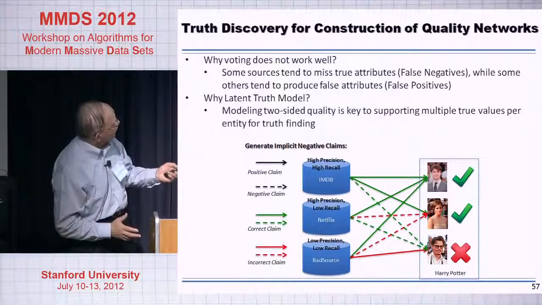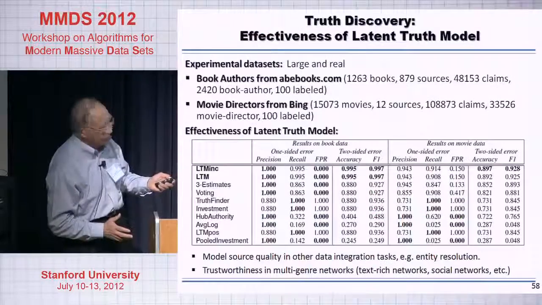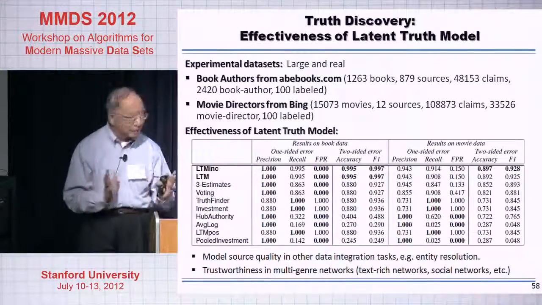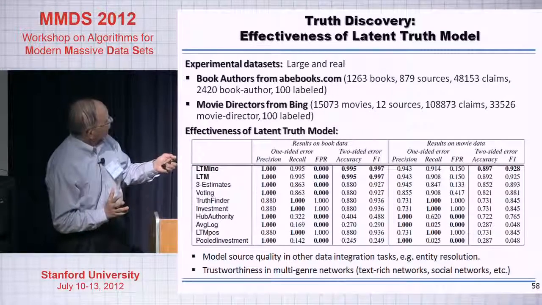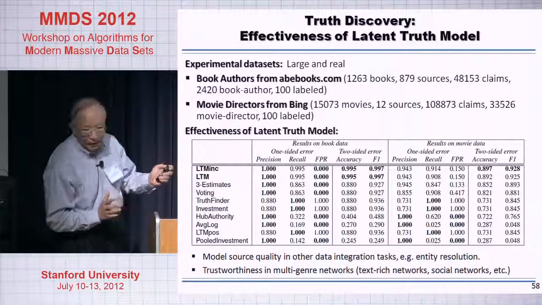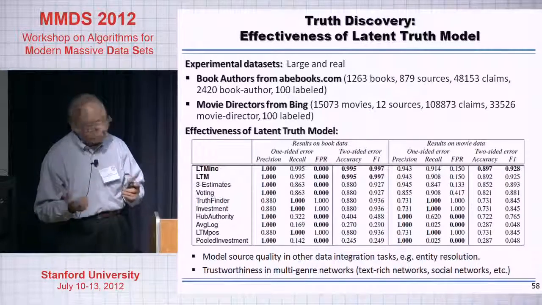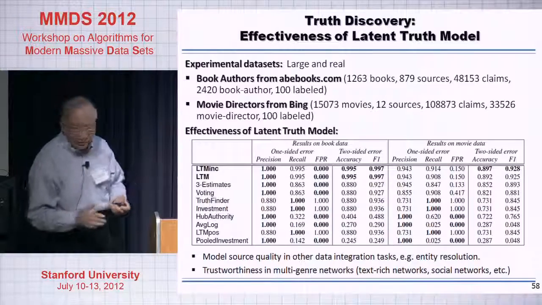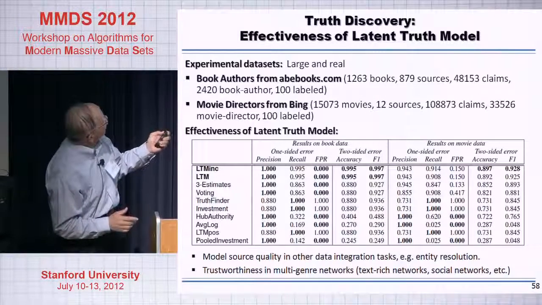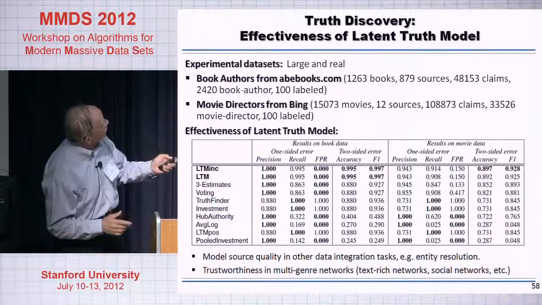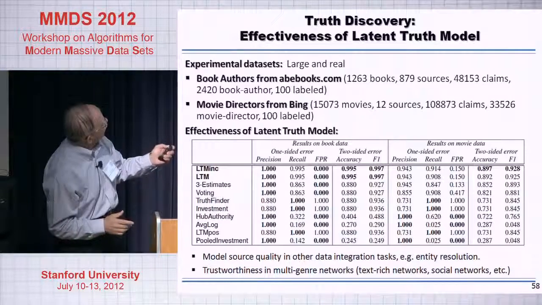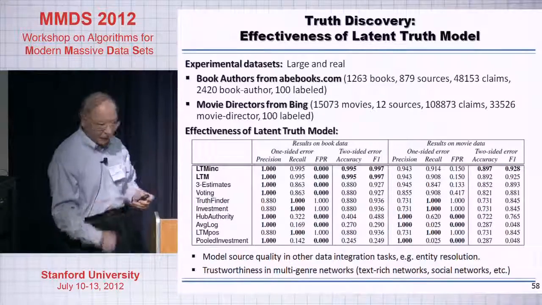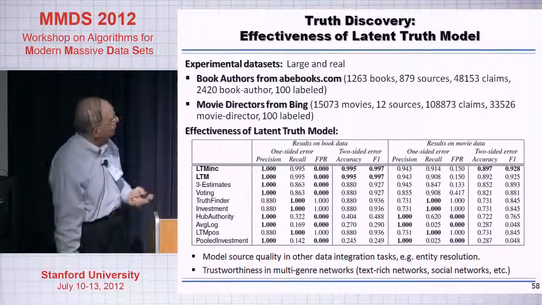Then you can sort out the truth and clean up the data sets automatically without training, to get high accuracy and F-measure. This was done with Microsoft Research on very large data sets, like book authors and movie data, from hundreds of thousands of claims without any labeled training data, and gets very high accuracy.